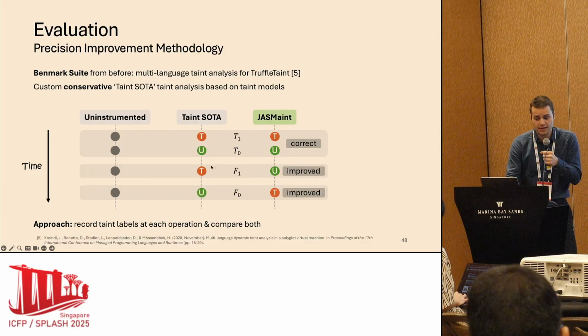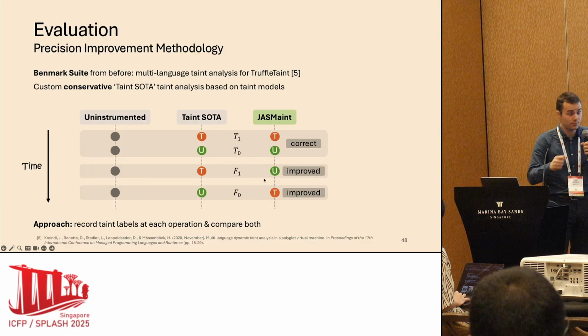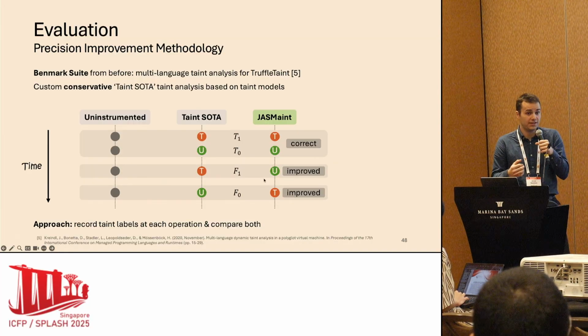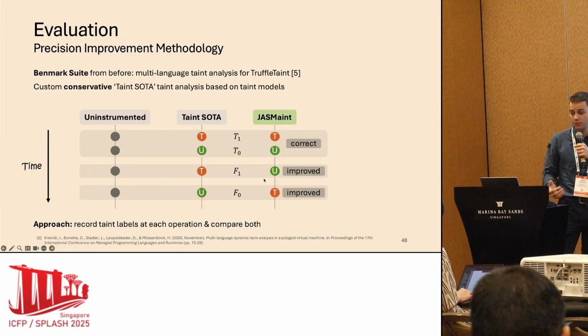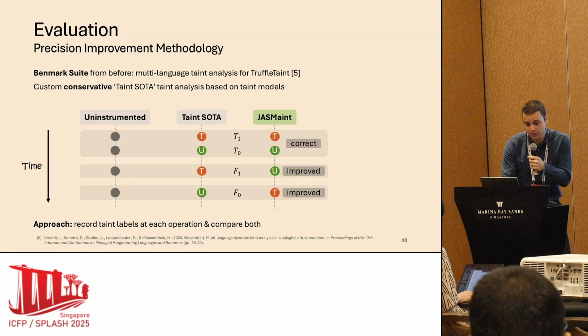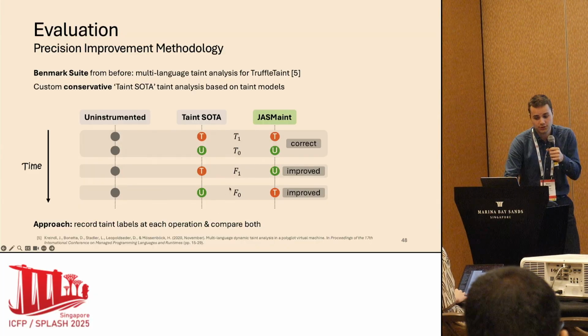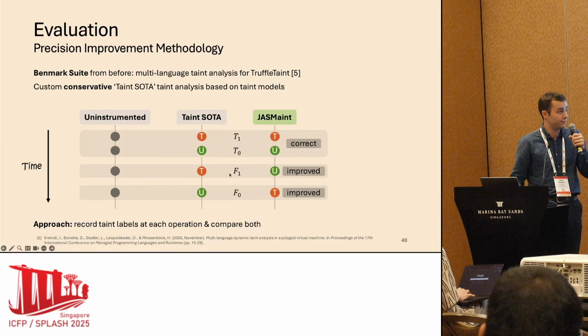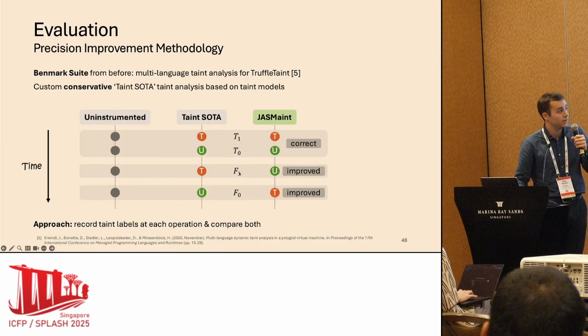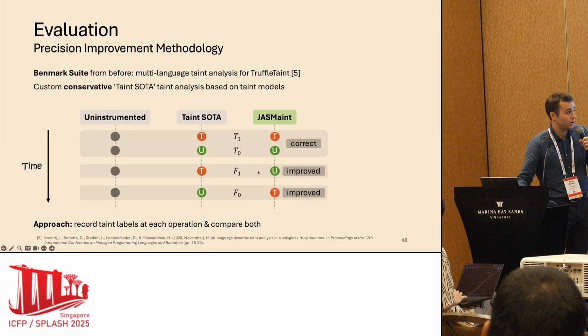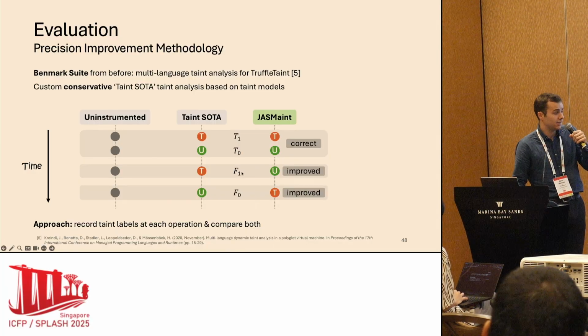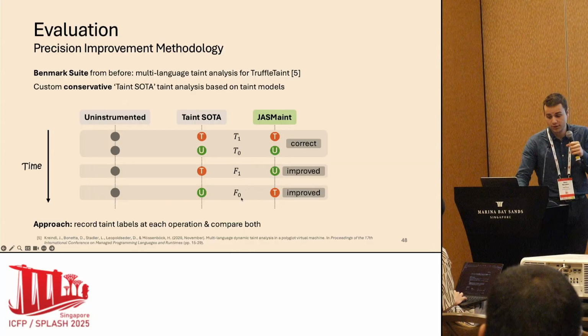However, it could be that the SOTA and JASMaint mismatch, and we consider JASMaint as the ground truth, since it can now accurately track the taint also on the WebAssembly side. So we consider those situations to report false taint information, either that it should have been tainted, or that it falsely is marked as tainted, or falsely is marked as untainted.